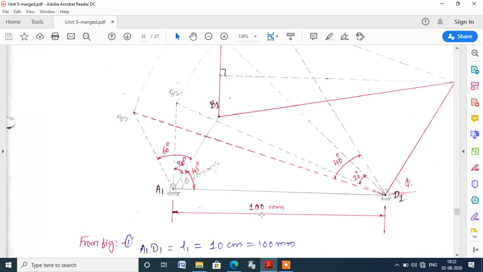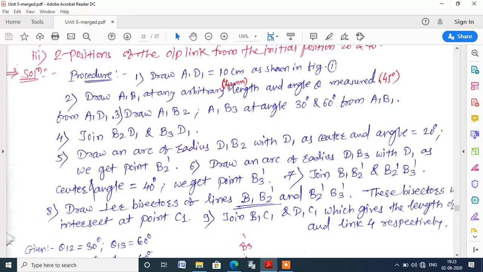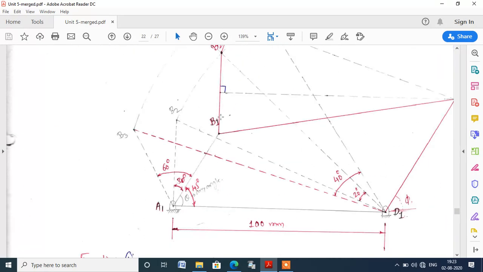That is 100 mm. Then what you have to do? You have to draw A1 B1 link at an angle theta. Let us say you have to assume this angle 45 degree. So whatever angle you have assumed, you have to mention here. So you have to draw A1 B1 at an angle of 45 degree, and length also you have to assume. So here we have assumed 40 mm. So draw 40 mm length.